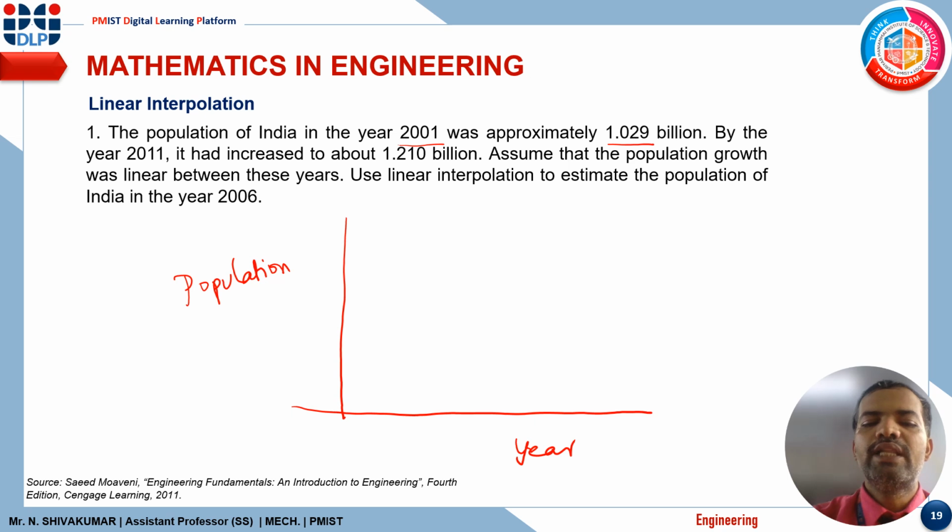In the year 2001, we have data that is 1.029 billion. So billion means what? Billion means 100 crore.